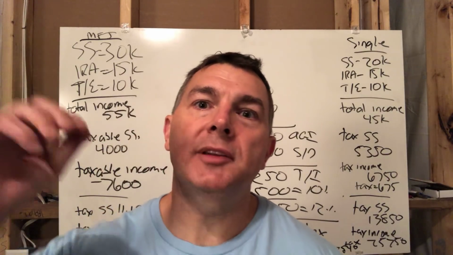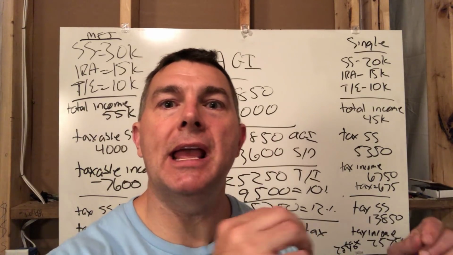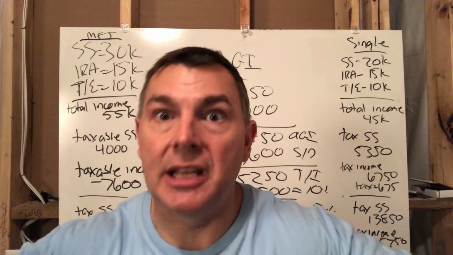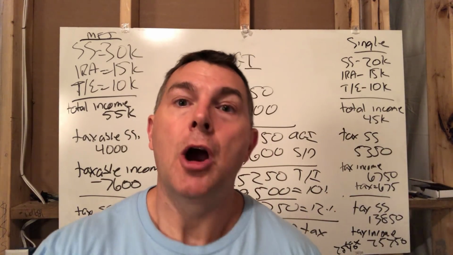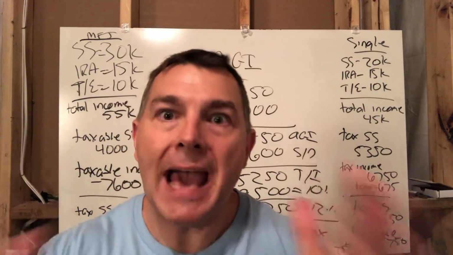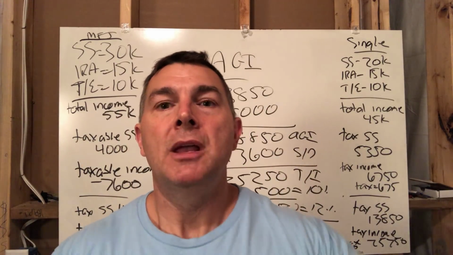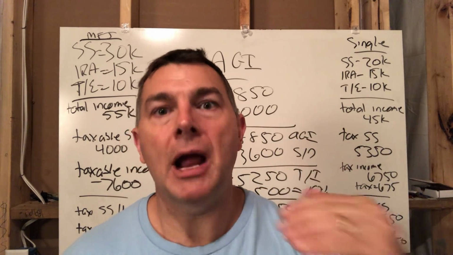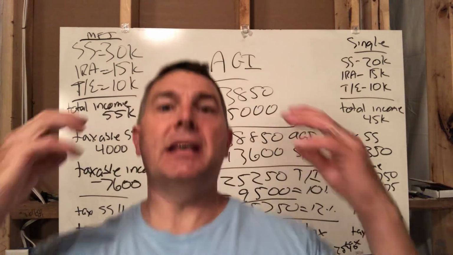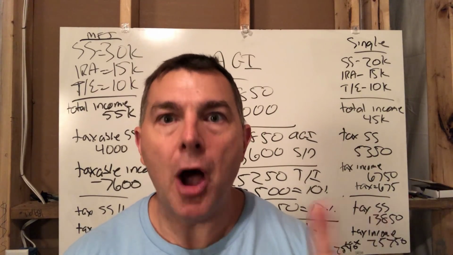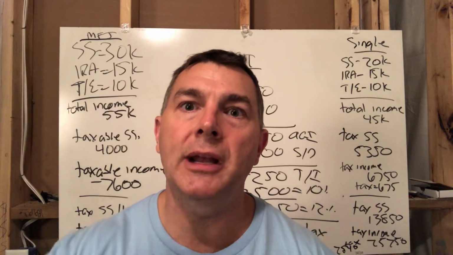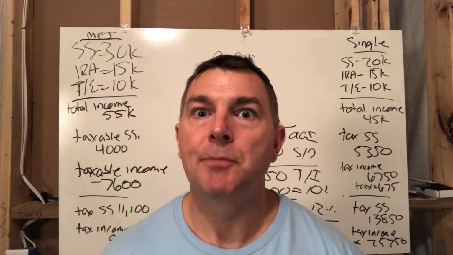That's $18,500 more of taxable income on a $10,000 IRA distribution. I've got to say this again: we took $10,000 out, and our taxable income went up by $18,500. That, my friends, is the tax code. I cannot stress that enough. A dollar of distribution from an IRA increased our taxable income by $1.85. That is a fact.